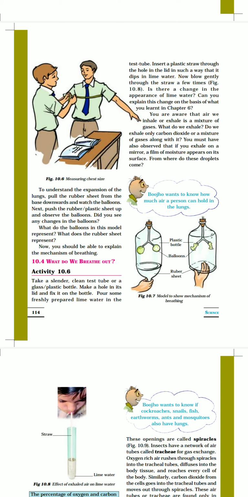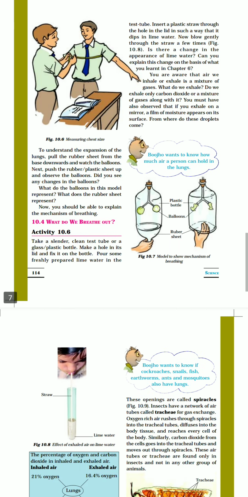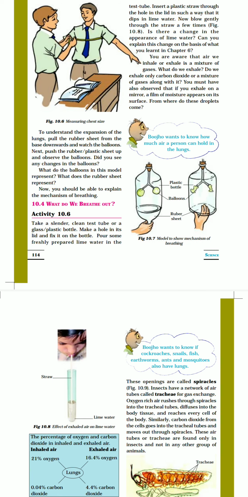When this diaphragm especially moves down, the balloons inflate and get filled up with air, and when the diaphragm goes up, the balloons get empty, just like our lungs, as there is no air. So this simple diagram helps us to understand the mechanism of breathing.